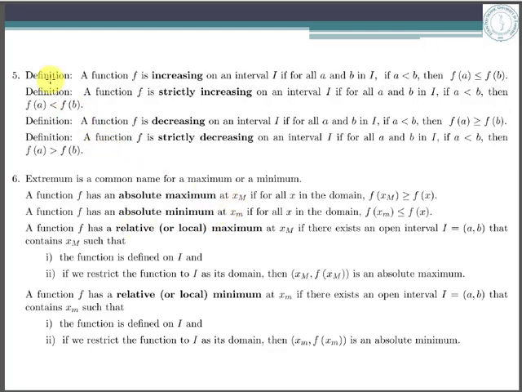And the next step is defining the increasing and decreasing intervals of a function. We can do it by the derivative of the function, or by the definition of increasing and decreasing intervals.